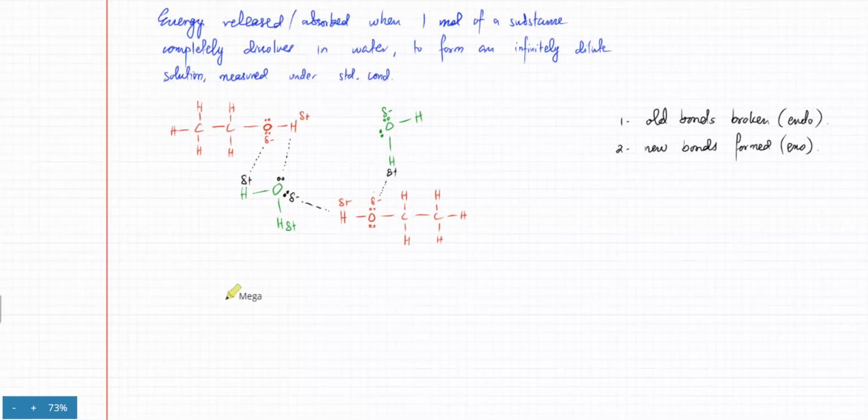Sir, why do the oxygens have different partial charges? I'll explain. As I see, you have this oxygen and its lone pairs, right? Let's focus on the lone pairs.